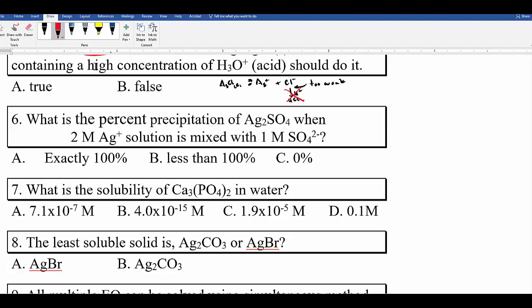What is the percent precipitation of silver sulfate when 2 molar silver ion solution is mixed with 1 molar sulfate? This problem is poorly worded because of "mixed."